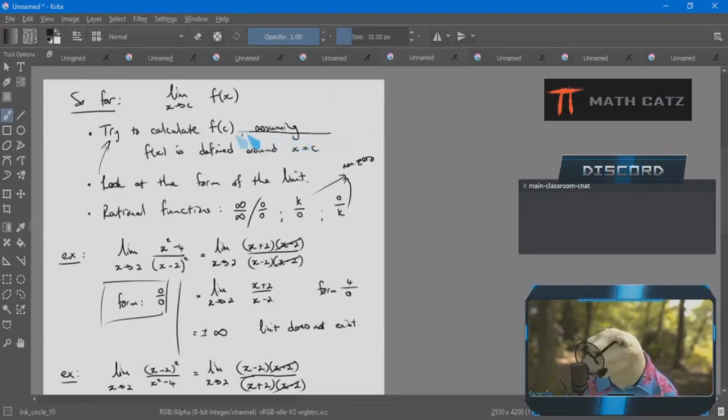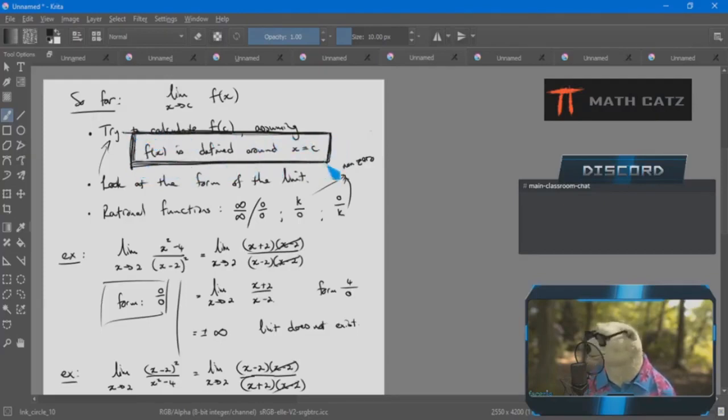We do forget this. There is this requirement that for this limit behavior question to even make sense, to be asked, we need this. We need the function f to be defined around my x value in question. Now, if I'm dealing with a rational function or a polynomial, I know everything's good anyway.